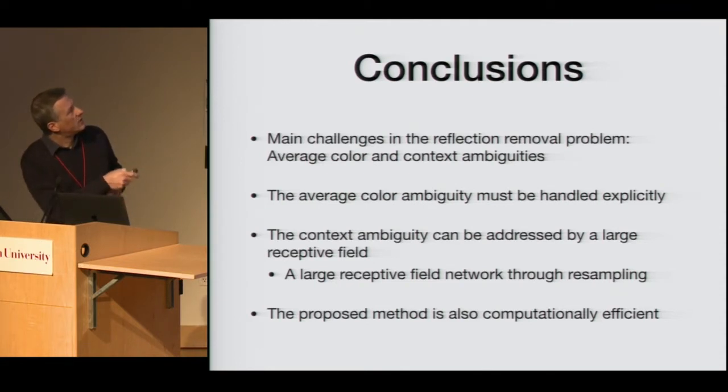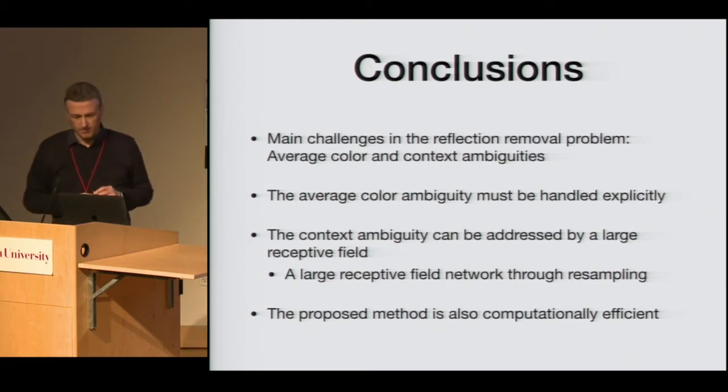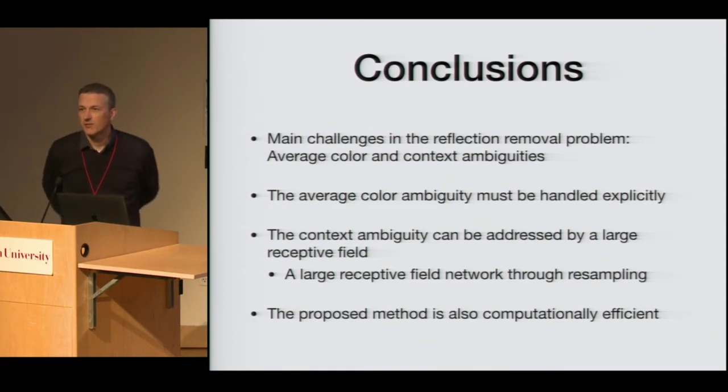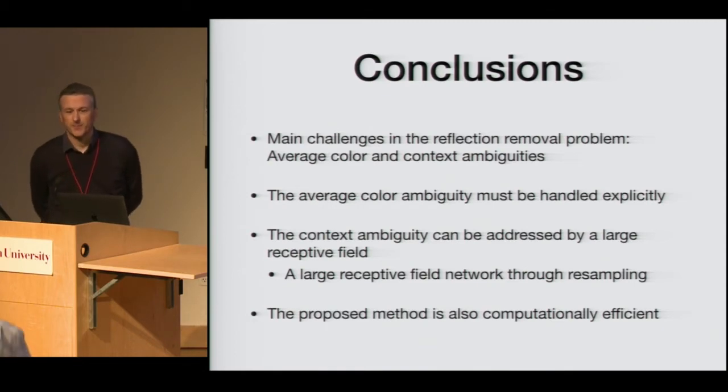We cannot directly resolve the average color ambiguity, so we remove it. But for the other ambiguities, we can use a global prior to separate them, and using a network with a large receptive field and a proper data set, we can do that. We have shown that our network can perform that quite well, I hope. Thank you, and if you have any questions, we'll be happy to answer.